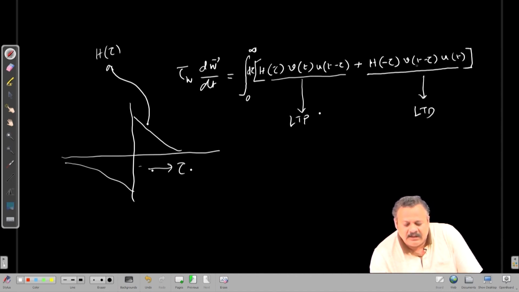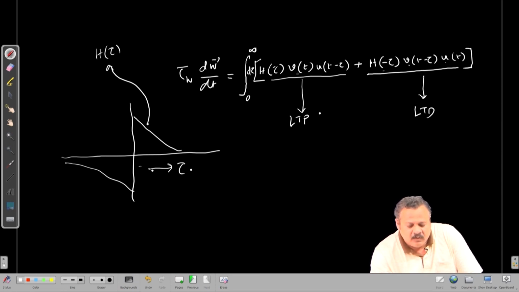So, here you see that our previous V is correlated with the current U and weighted by the h in the backward direction on the negative axis, because we are integrating over 0 to infinity.